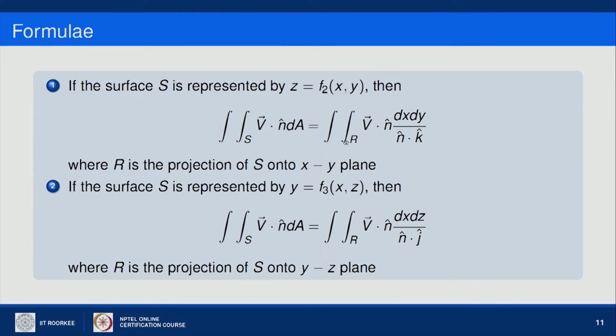So double integral over the region R, where R is the projection of S in the xy plane, and then dA can be written as dx dy upon n dot k. Finally, if the surface is given in this form y equals f3 of xz, then what we will do? We will project the surface onto the xz plane, and the projection on the xz plane, let us call it region R. Then this surface integral equals the double integral over the region R of V dot n dx dz over n dot j, where i, j, k are unit vectors.